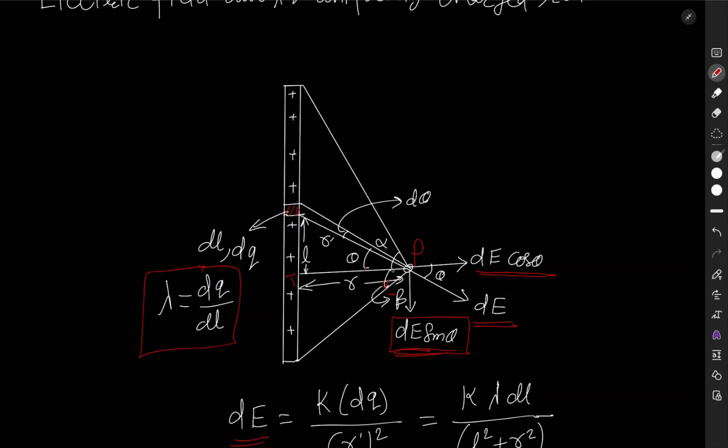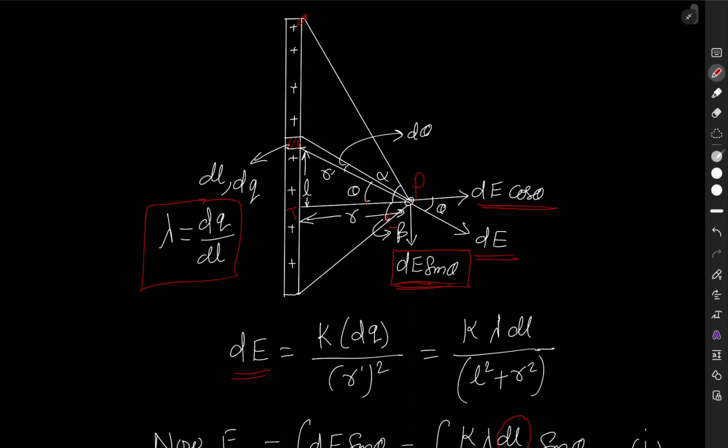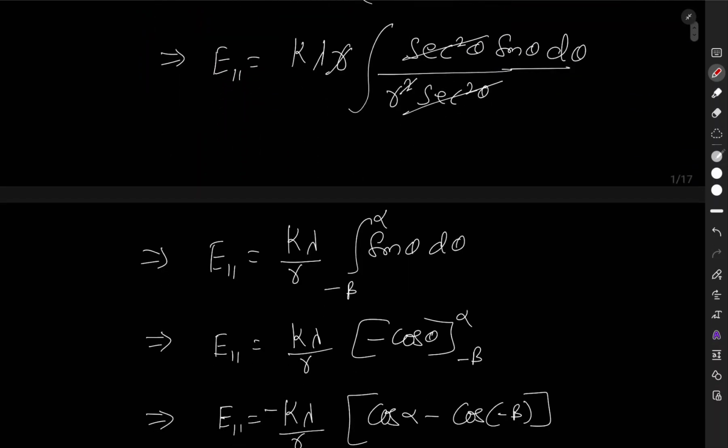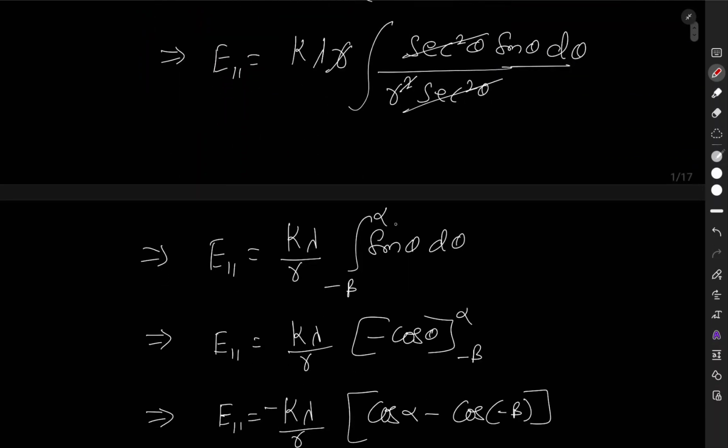The upper limit will be this angle alpha, which is made by the upper end of this rod with r. The beta angle is the angle between r and the line connecting the lower end of the rod and point P. So we will put the limits from minus beta to alpha for sin theta d theta.